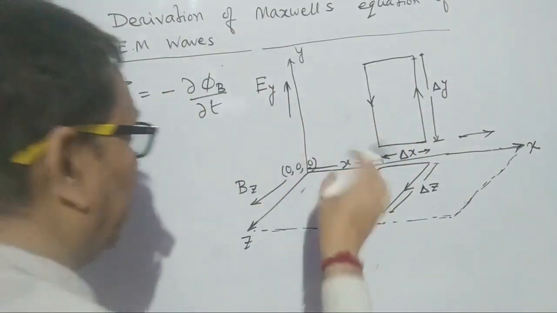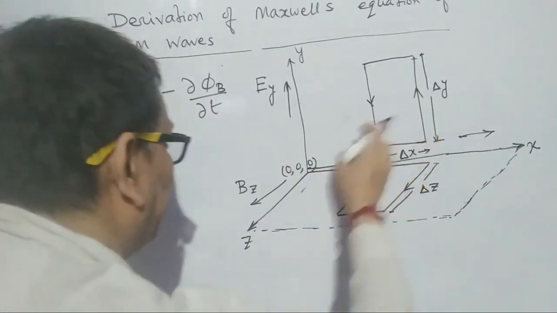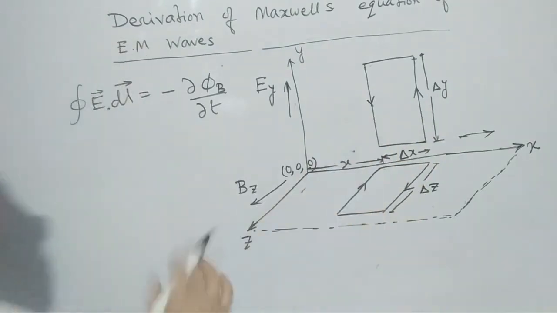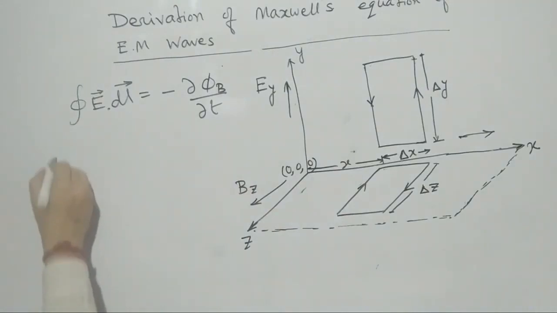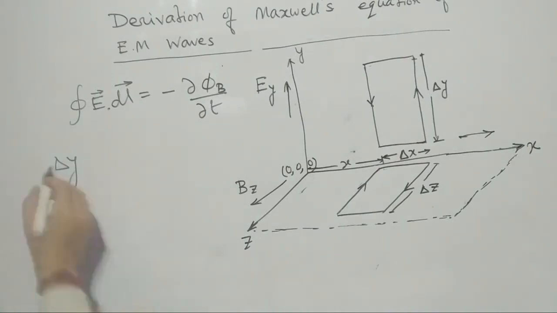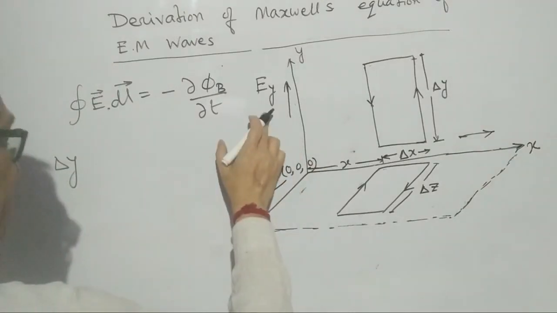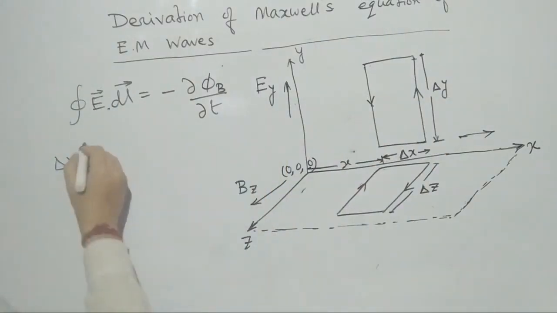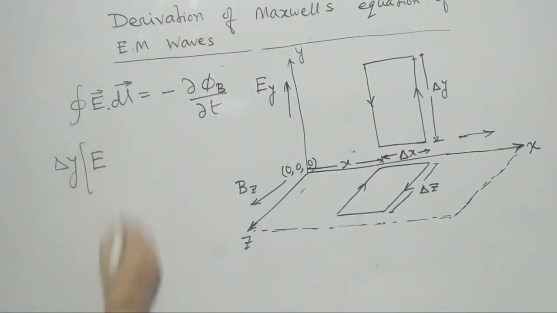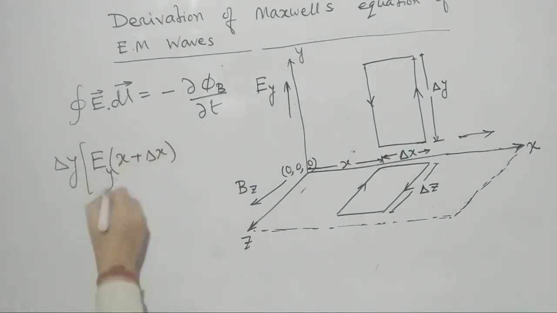Now again, how should we take this difference? This is delta y, this is delta y. This has a directional property. The electric field, its magnitude is delta y, but it is the electric field at a distance x plus delta x.